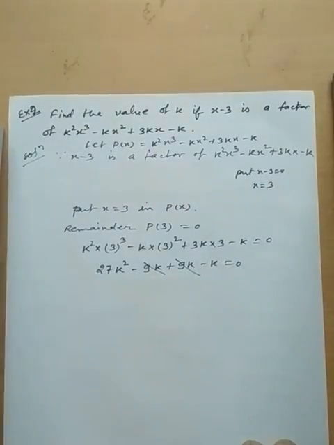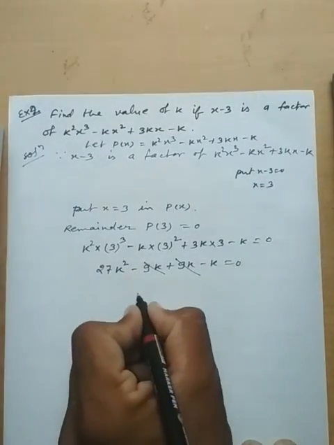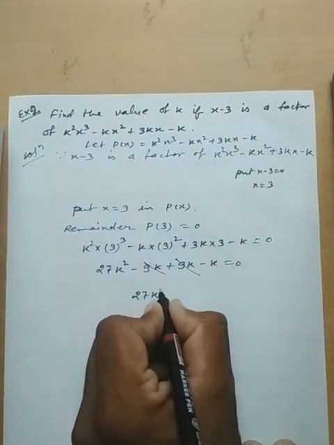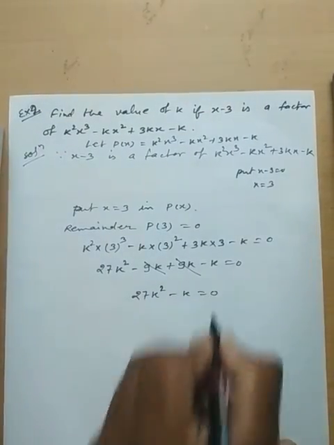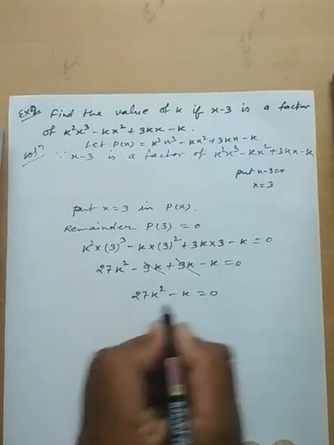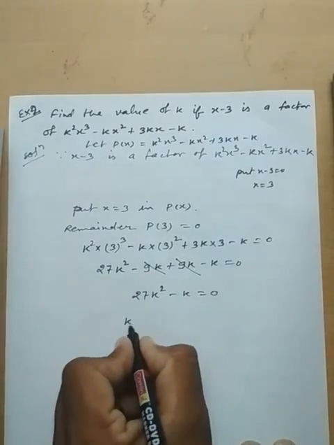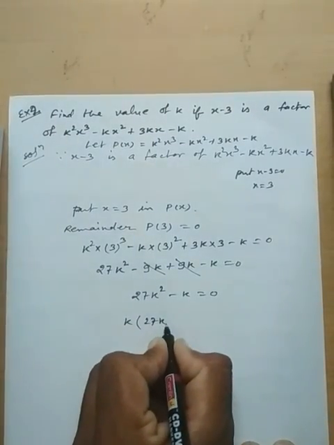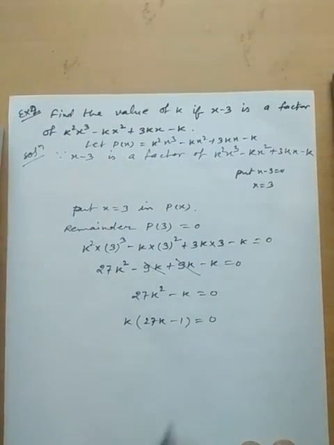Plus 9k and minus 9k are cancelled. So the remaining term is 27k² minus k equal to 0. Again k is common, so k(27k minus 1).